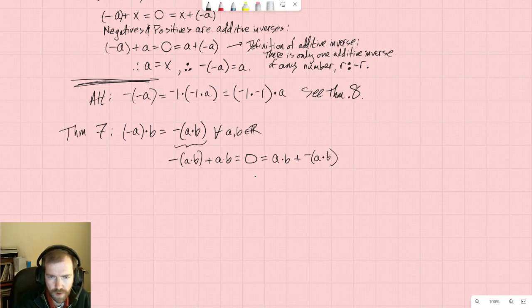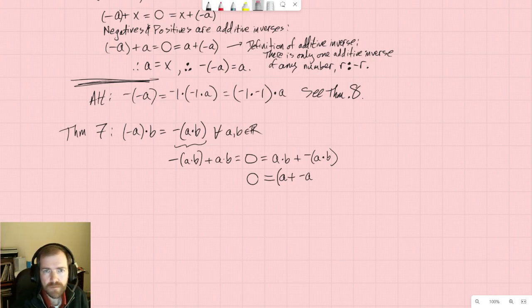So with this, say that 0 is equal to a times parentheses. No, other way. A plus negative A. No, I can't do that, can I?